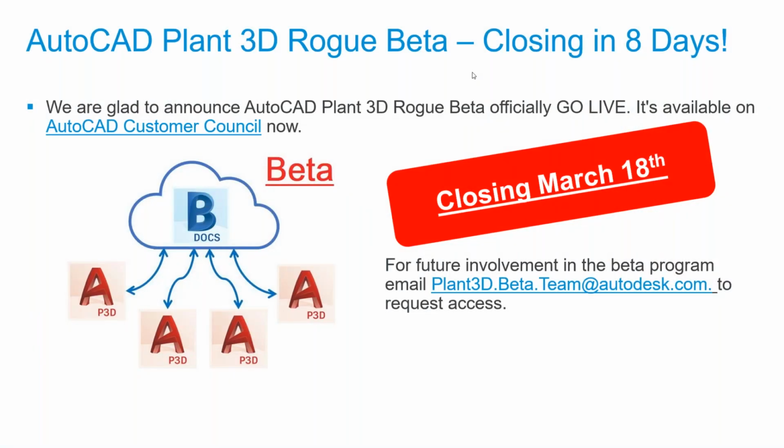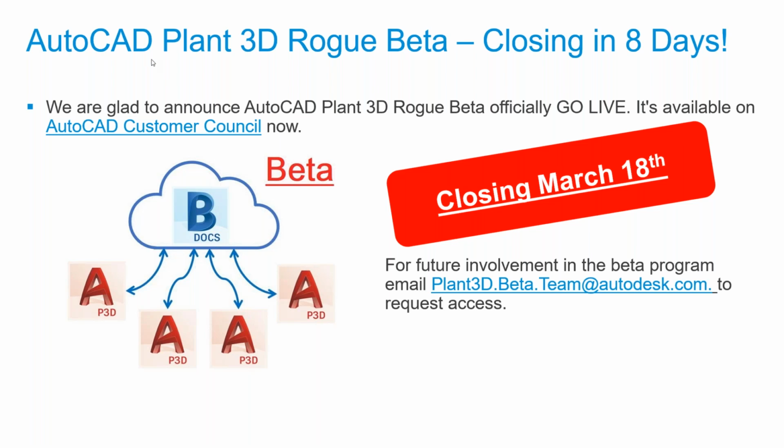And here we are already at something that's in a public beta, Plant 3D with BIM 360 Docs, the collaboration solution, because this is the only system that we offer that really makes collaboration between different geos possible.